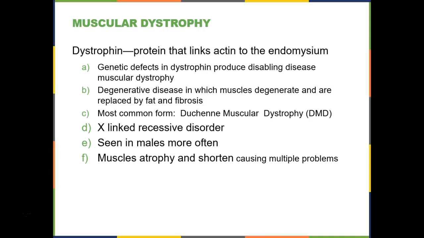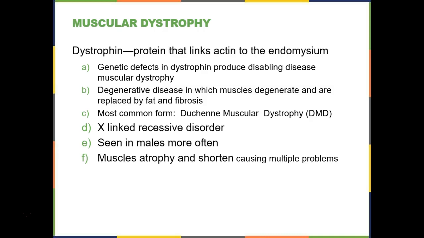X-linked disorders are more often seen in males than in females. This is because males only have one X chromosome, and since it's recessive, a female can carry the recessive disorder but still not have the disorder if she has a dominant chromosome as well.